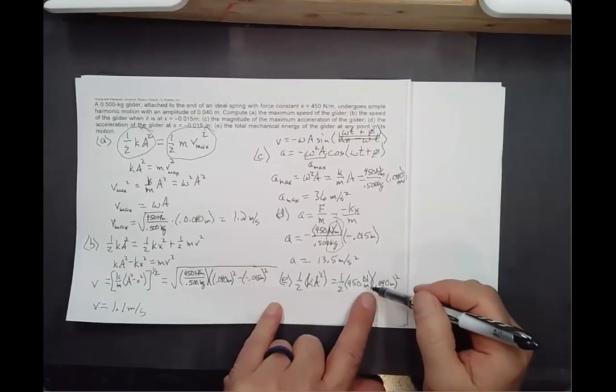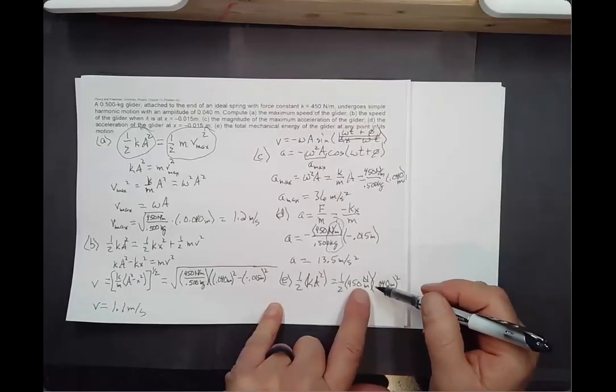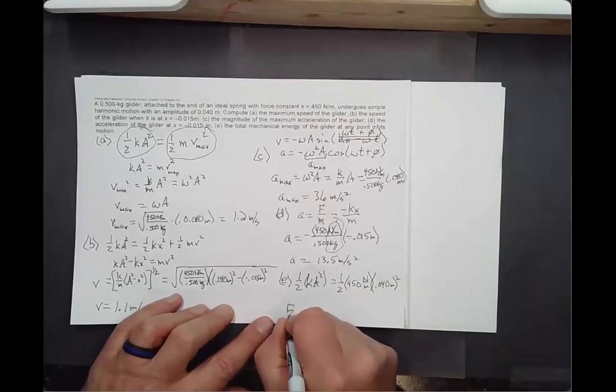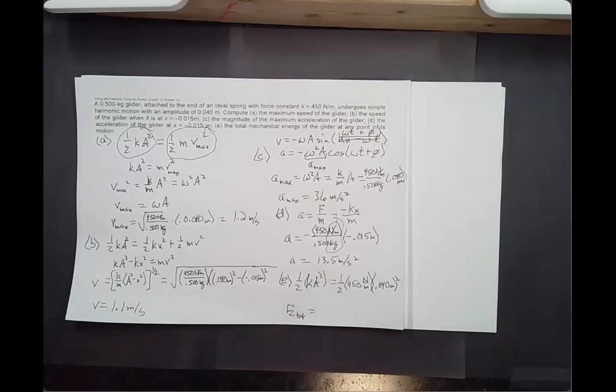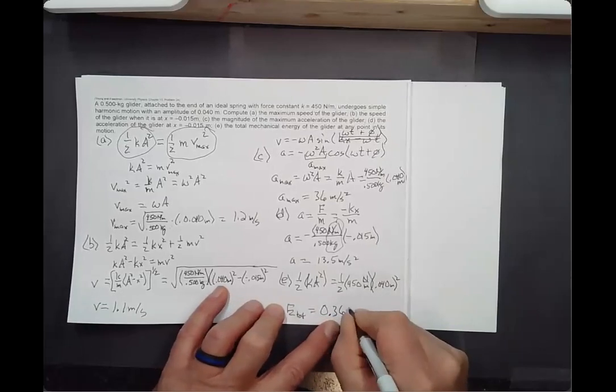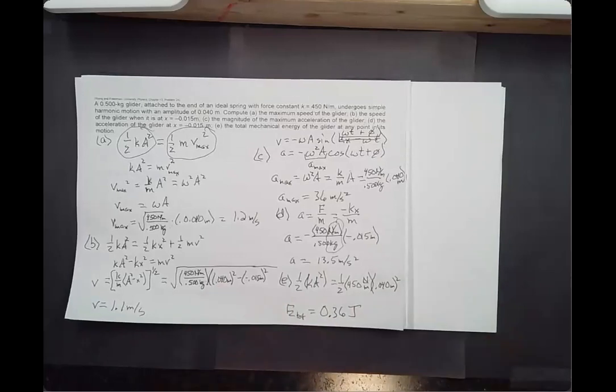Unit-wise, I'll have newtons per meter times meters squared, which will actually give me newton meters, which is joules. So the E total, just plug and chug again, and I get not a whole lot of energy, 0.36 joules.